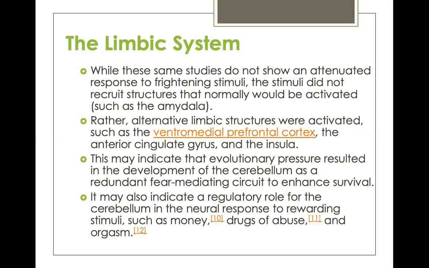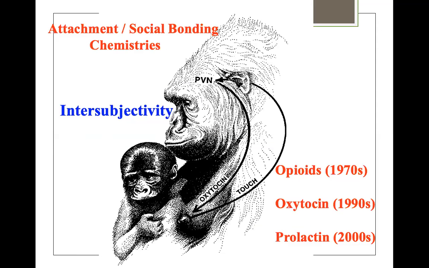So there's so much to talk about with limbic systems. But here's another system that's extremely important for us, which is the social belonging system. The feeling that I belong, that I have a home in the world. And it's mediated by endogenous opioids, by oxytocin, and by prolactin.